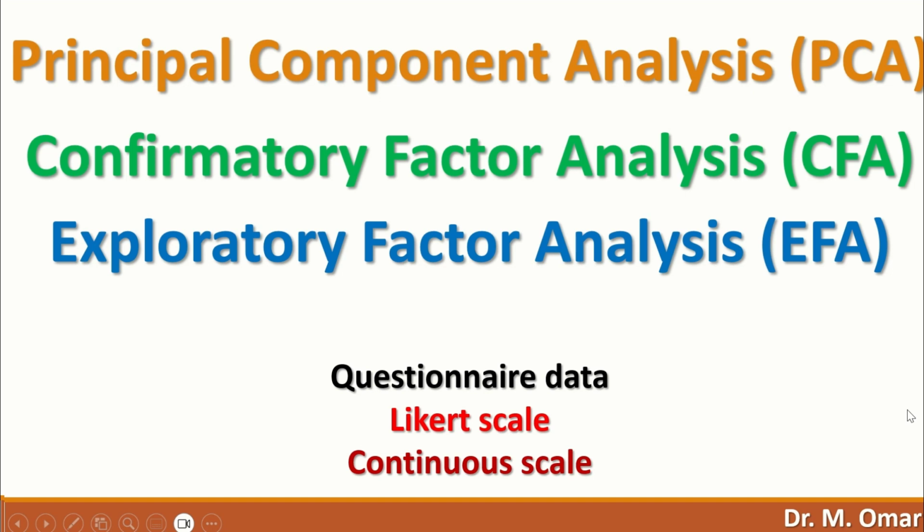Statistical methods that are commonly used for the analysis of questionnaire data that is based on Likert scale or continuous scale. The first multivariate statistical analysis is the principal component analysis, abbreviated as PCA.